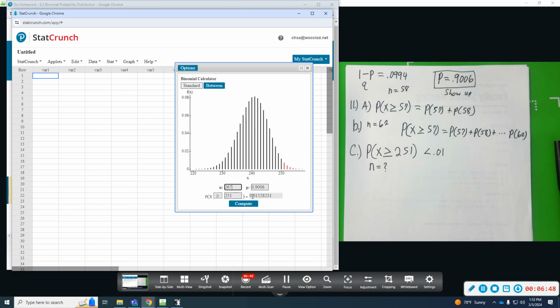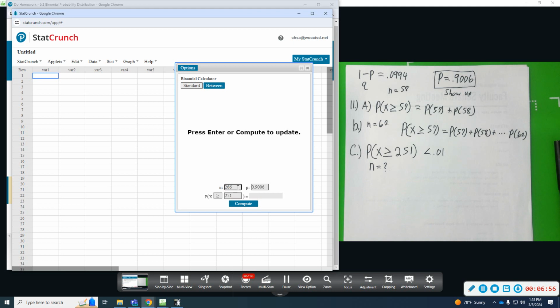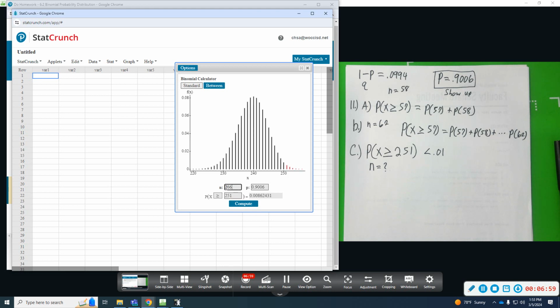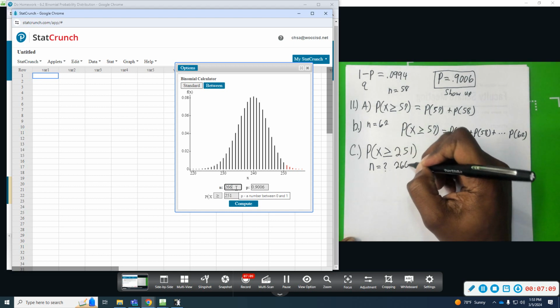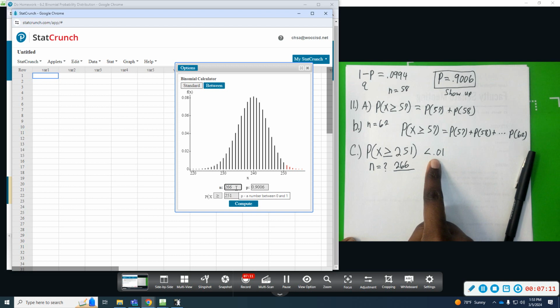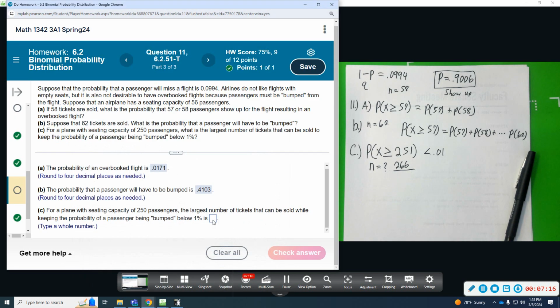Okay, when I hit 267, we got a 1% and some extra decimals. So that's going to be too much. Okay, so 266. So we can sell 16 more than the flight will hold, and we can be less than 1%. So using technology, just guessing and checking, N will be 266 to keep us below the 0.01. So we're going to say 266.